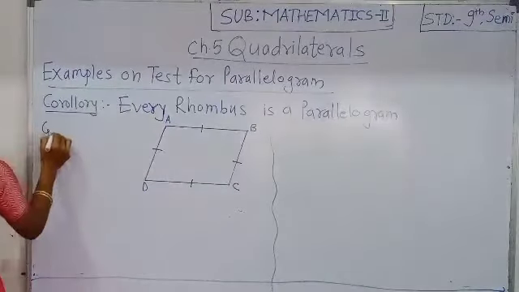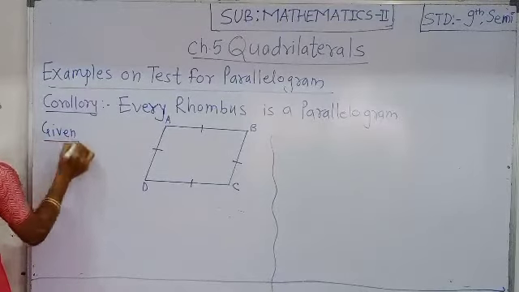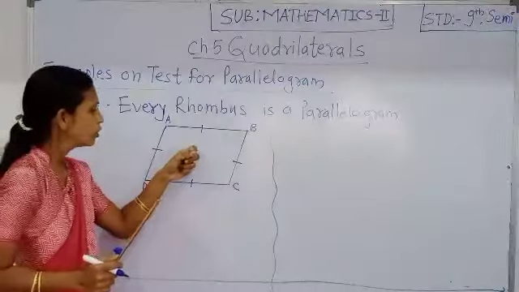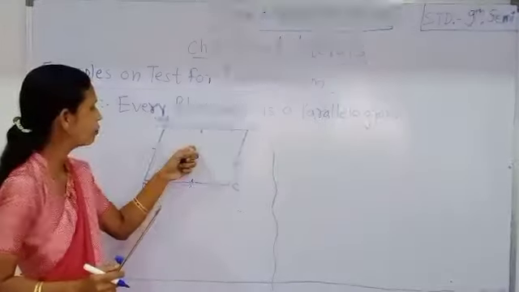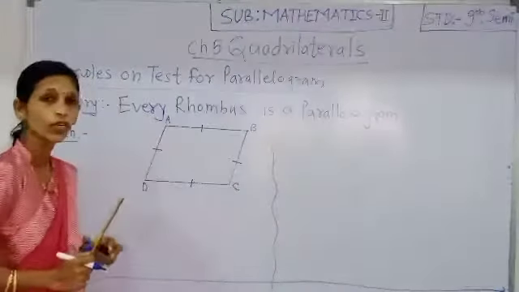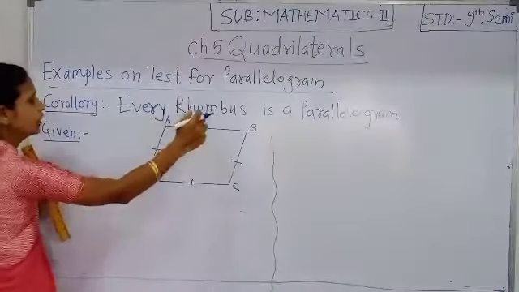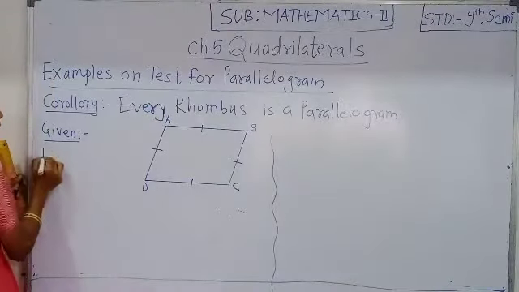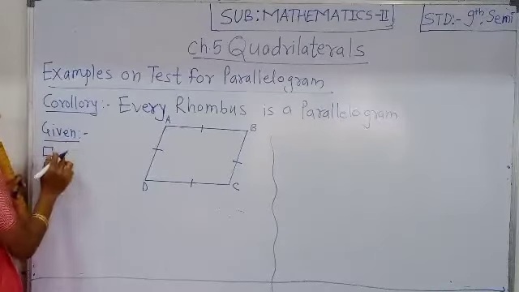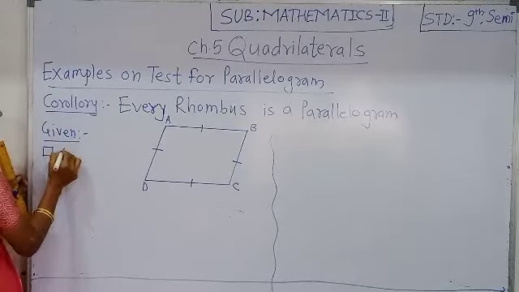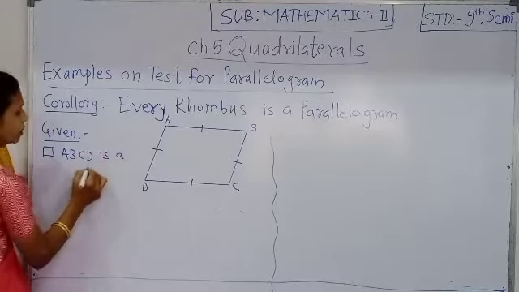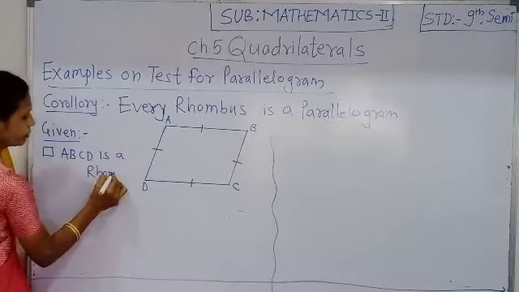Therefore, first of all we have to write the given properties with the help of the figure. In figure ABCD, which is a quadrilateral, that is a rhombus. So first we write: quadrilateral ABCD is a rhombus.